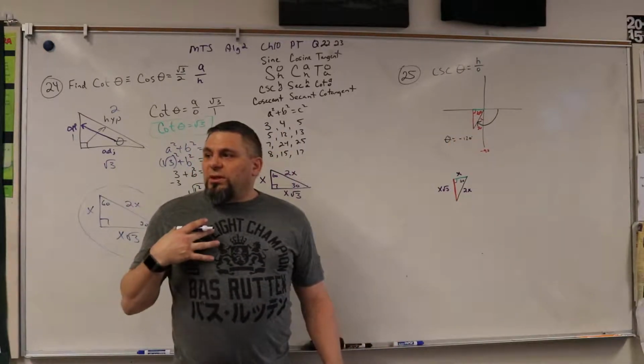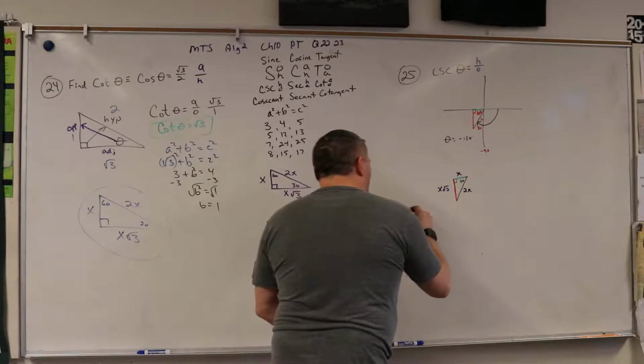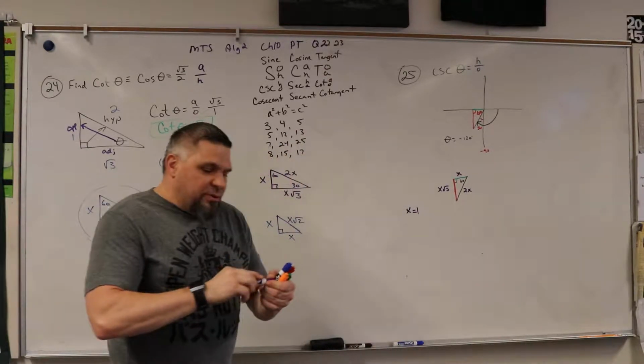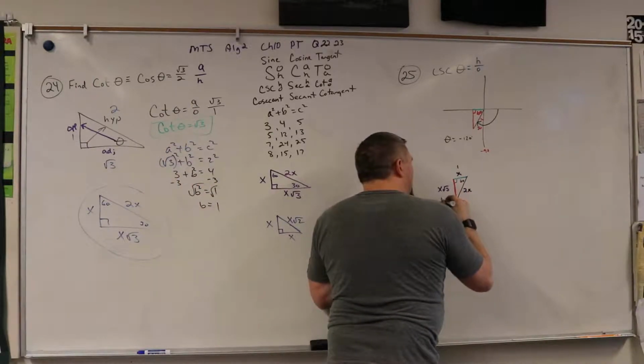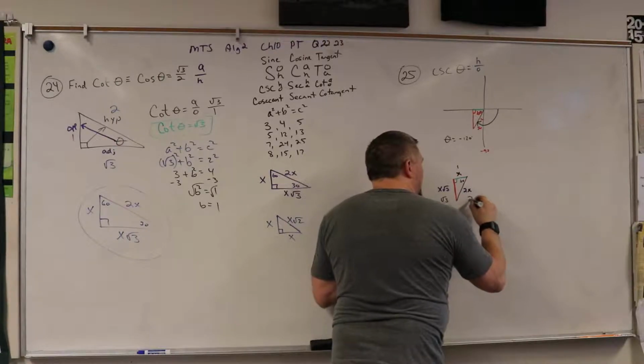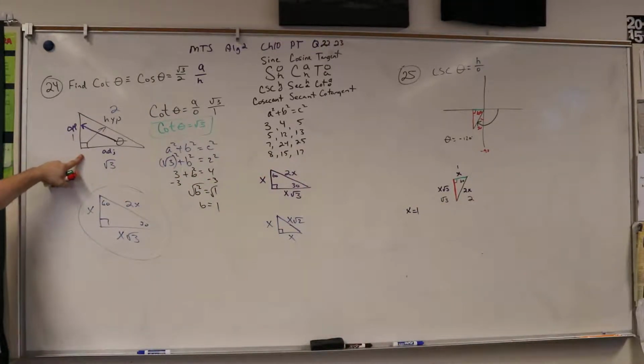So the number I want to put in is just 1 for x. Let's just let x equal 1. If x equals 1, then that means we have 1, the square root of 3, and 2. Looks a lot like this one, right?